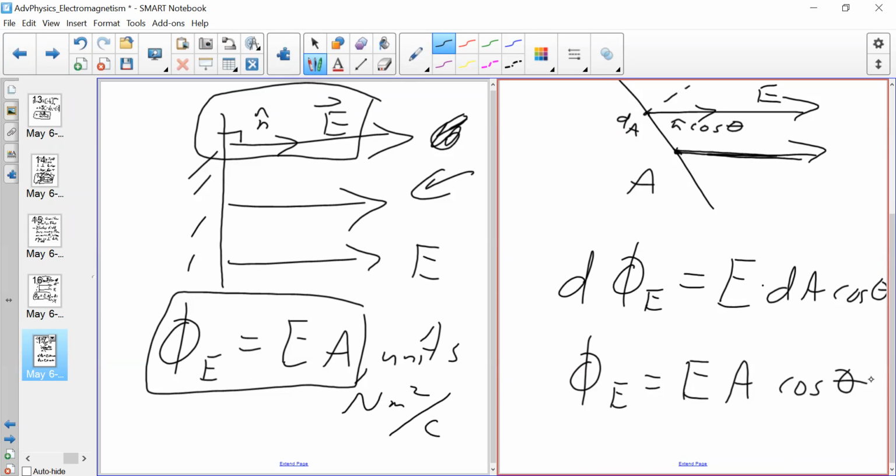But in this case, it's not perpendicular to the sheet. N is always going to be perpendicular. Normal means perpendicular in math. But we're looking at the part of the dA that moves with it, and that's the dA cosine theta. And when we integrate that, we get this. So that's the electric flux. I'm not going to bog down into that.